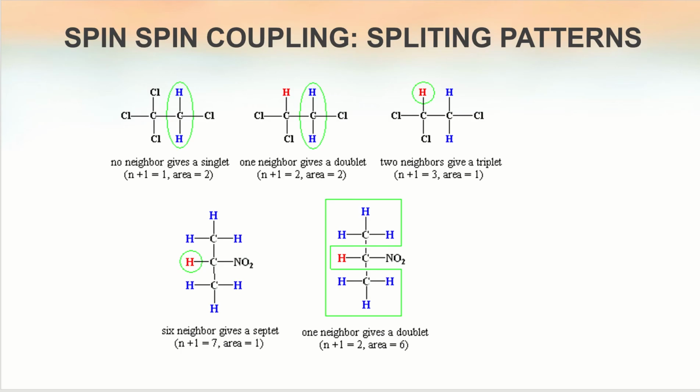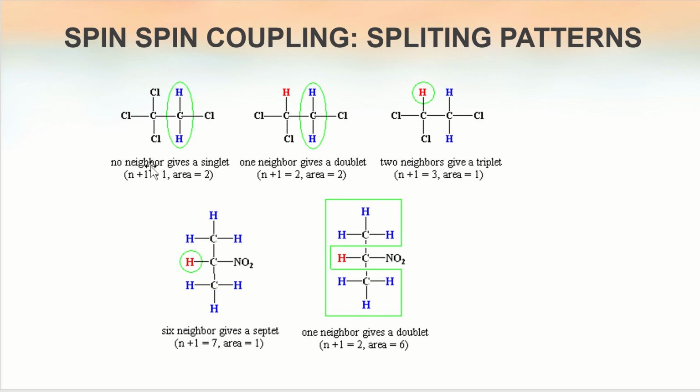All right, so continuing on our splitting pattern. If we have these two equivalent hydrogens, and we don't have any neighboring hydrogens on our neighboring carbon, then this gives a singlet.